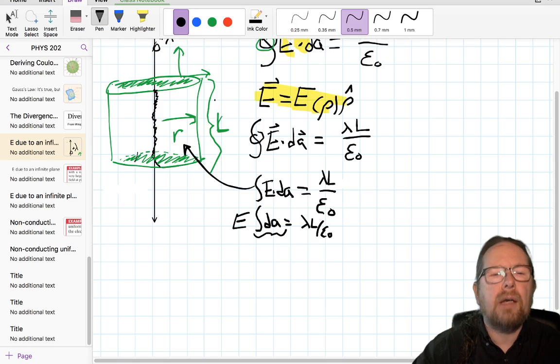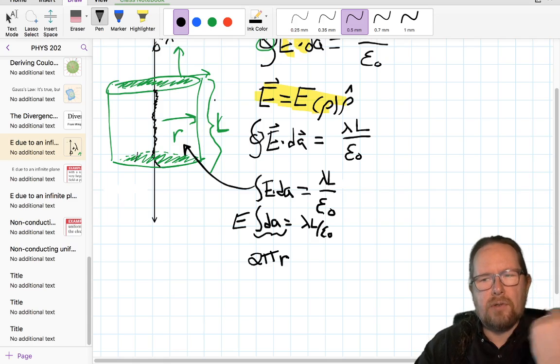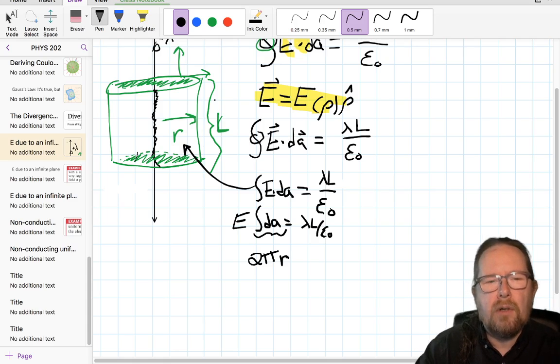So the area of that cylindrical wrap is 2 pi r, the circumference of the cylinder, times L. You can think of a cylinder as an unrolled rectangle. That part of the cylinder is unrolling into a rectangle that has one side 2 pi r and the other side L.